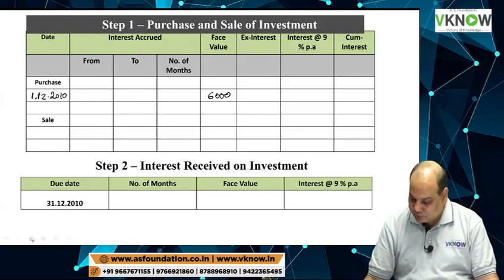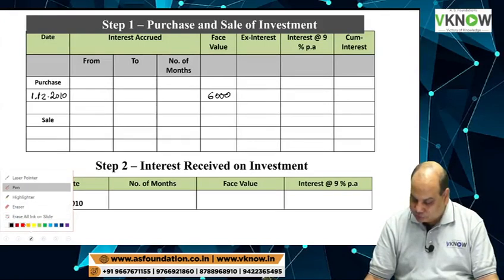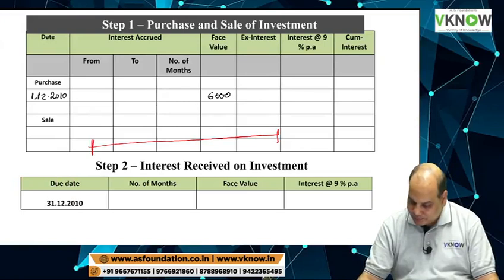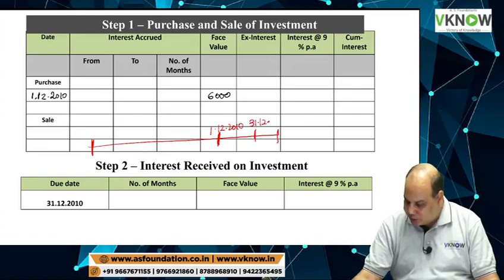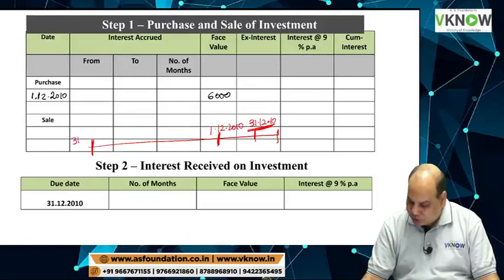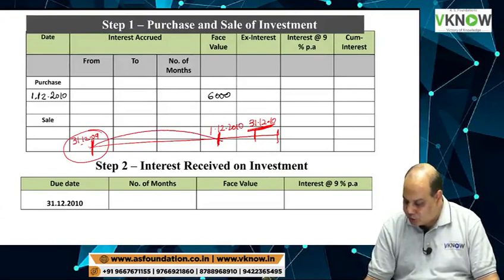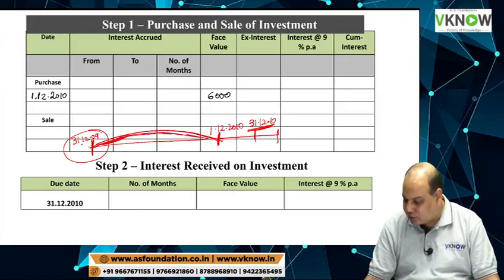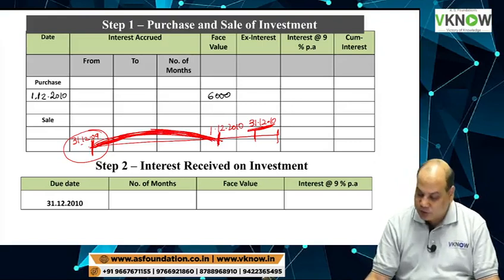So focus now. This is the year. We have purchased on 1/12/2010. Company pays interest on 31st December only. It means the last time the interest was paid was 31/12/2009. So interest will accrue from 1st January 2010 to 30th November 2010.